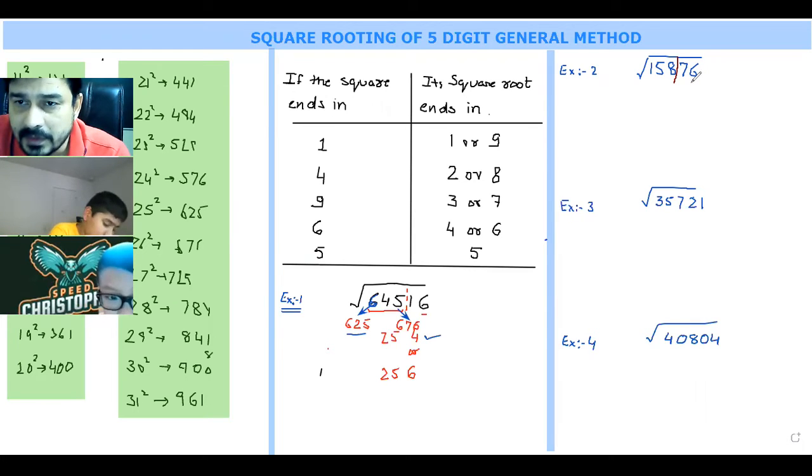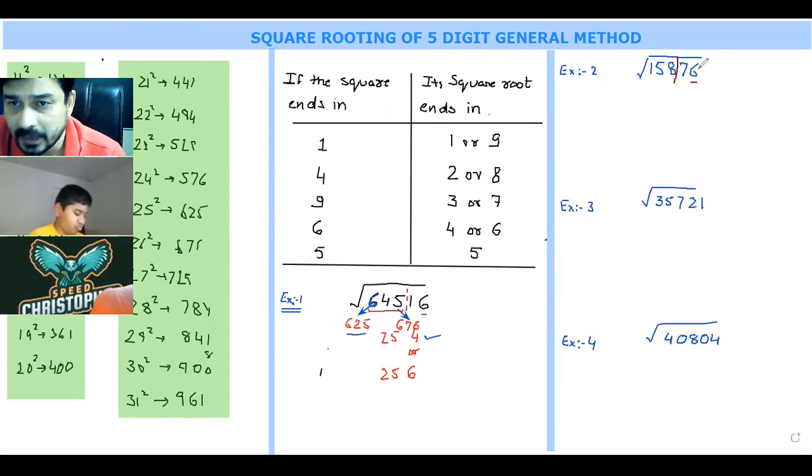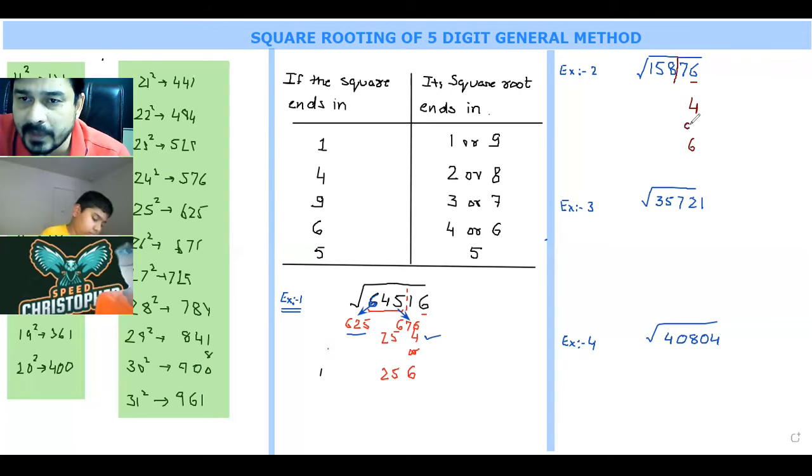So we divided it into two parts. In the second step, we observed the units place of the perfect square is 6. So its square root must end in 4 or 6. In this way, we obtained the units place.